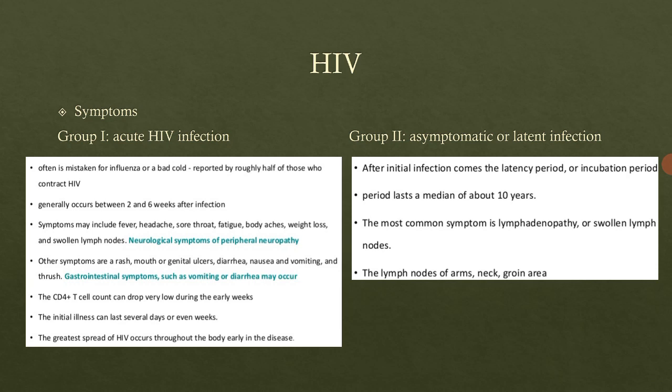So from that we may assume that the person may be suffering from this infection. The CD4 T cell count can drop very low during the early weeks of the infection. The initial illness can last several days or even weeks. The greatest spread of HIV throughout the body occurs early in the disease.